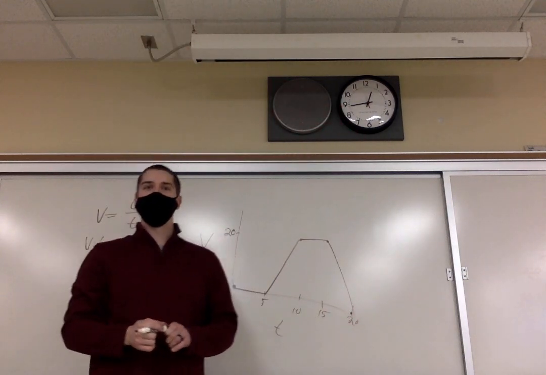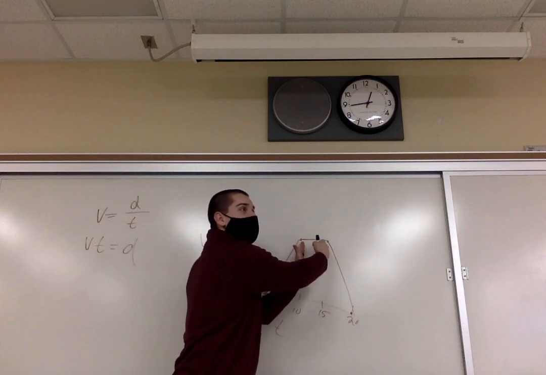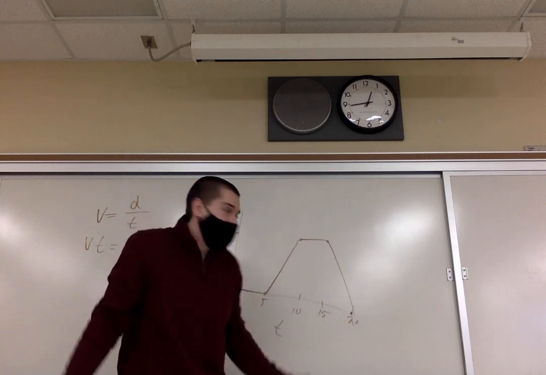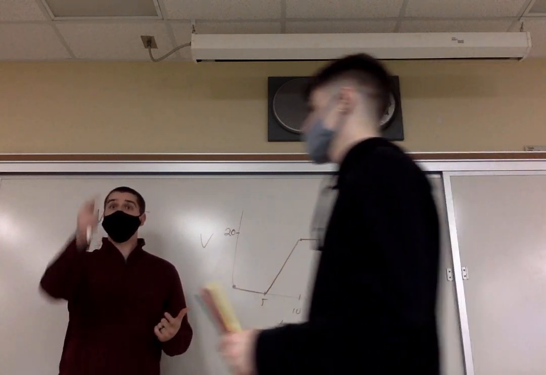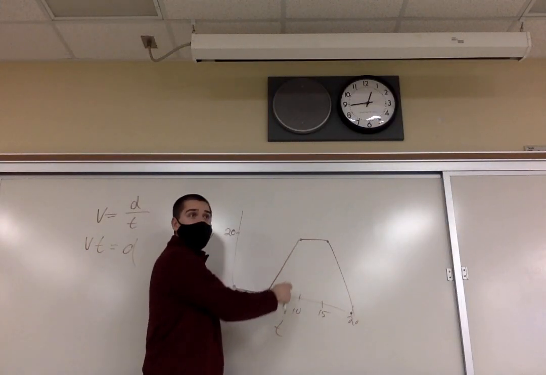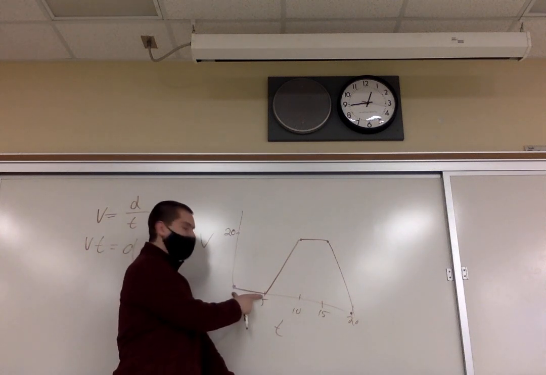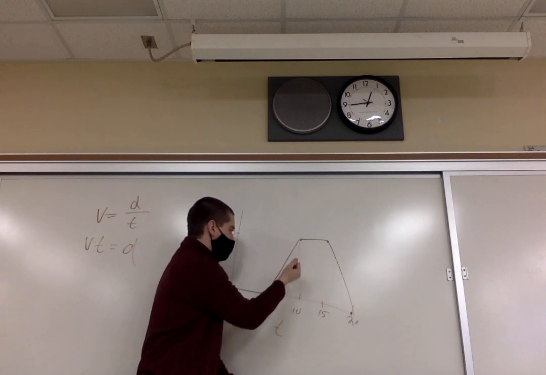When you calculate displacement, you could use this answer and find the area under the curve. The displacement here to here is 0. Here to here is this area, and here to here is this area. That would be an easy way, and then you're going to have to plot that.